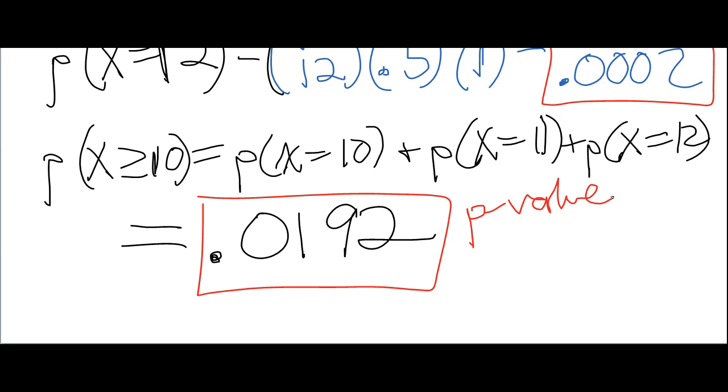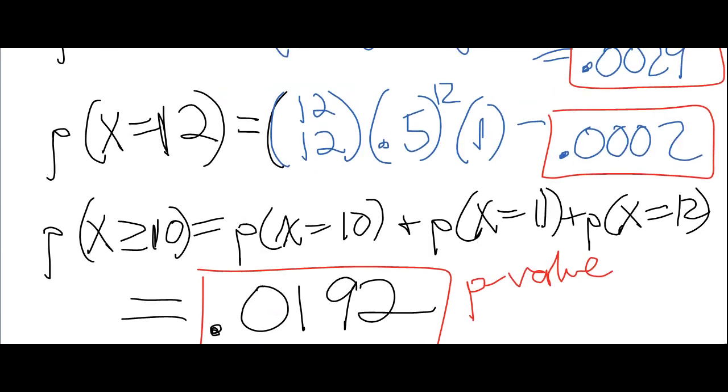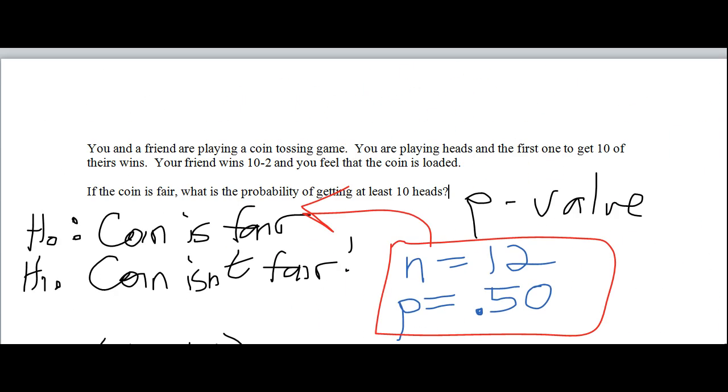If we were, for example, using the standard alpha 0.05, we would reject the null hypothesis. So there's fairly strong evidence to reject and say that the coin probably is not fair. So there's another use of p-value, another example that shows you the use and meaning of p-values.